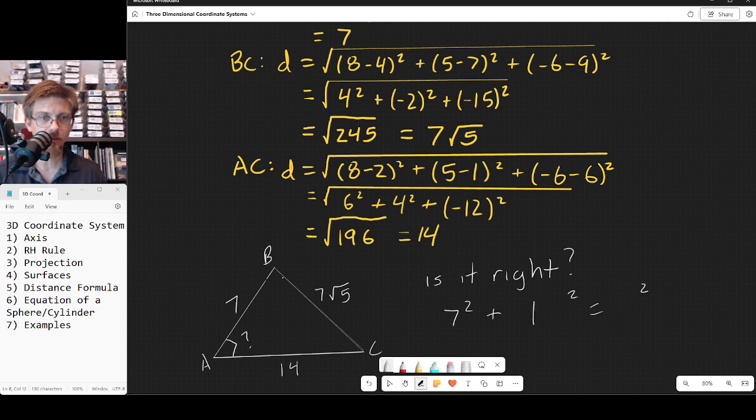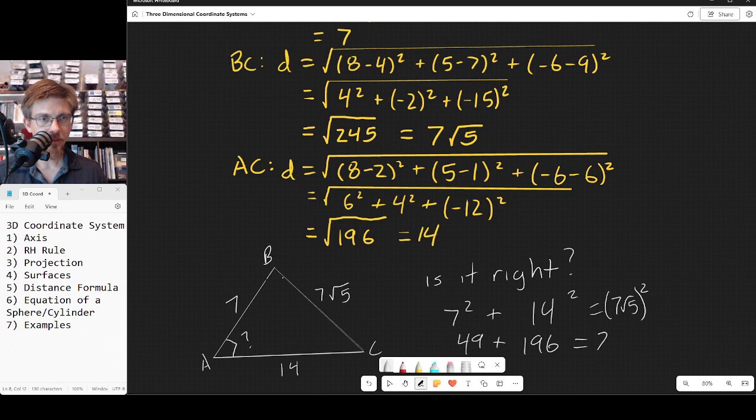All right, so 7 squared plus 14 squared, does that equal 7 rad 5 squared? We've got 49 plus 196. So 49 plus 196 is equal to 7 rad 5 squared, which we know is 245 from up here.